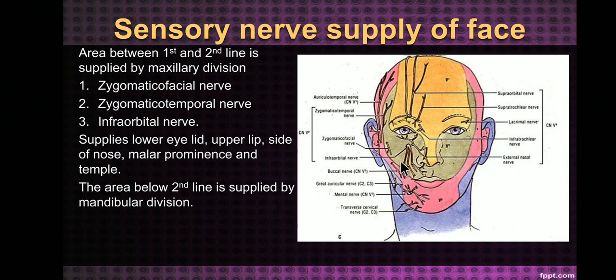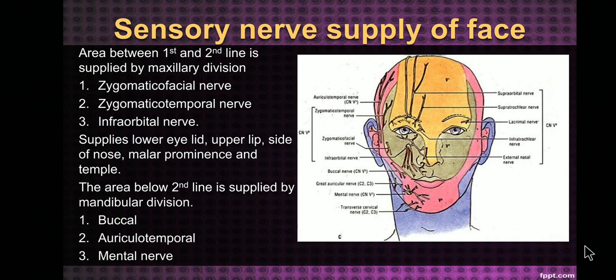Buccal nerve supplies the skin over the buccinator, and auriculotemporal nerve is present in front of the auricle. It supplies your auricle, external ear, anterior superior part, tympanic membrane, and temporal part supplies the skin over the temple and then the scalp.